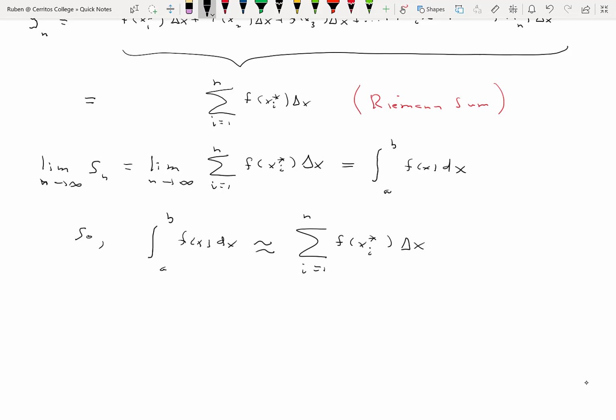This is how integration is done in practice, in reality. We take off the limit because we can't possibly evaluate or observe an infinite number of observations. Remember, we were talking about observing the particle moving. We can observe the velocity of a particle at a whole lot of positions.